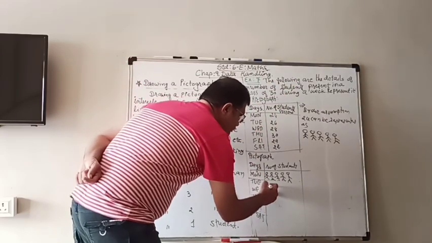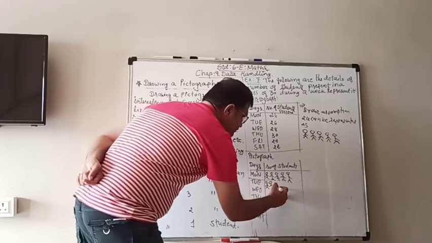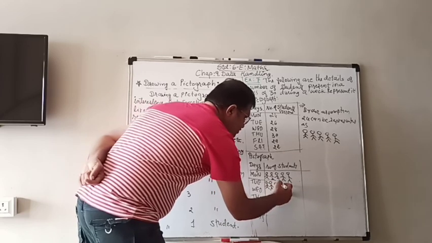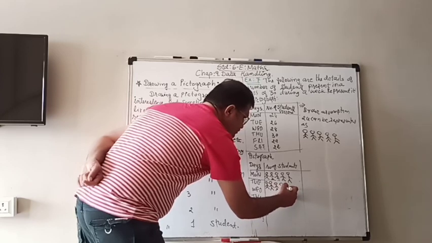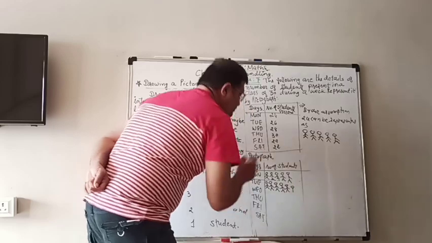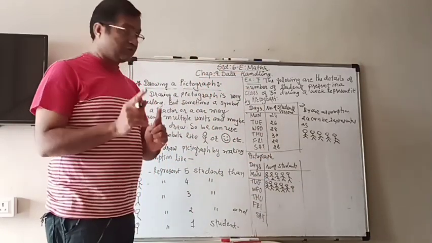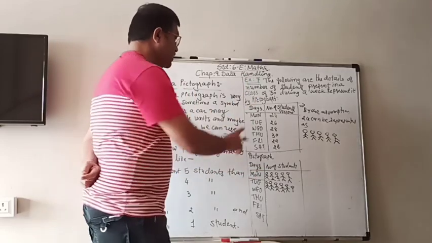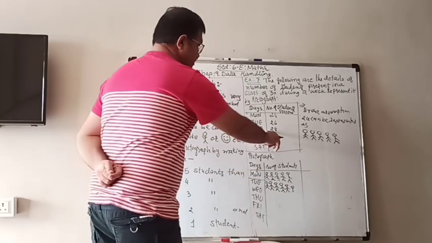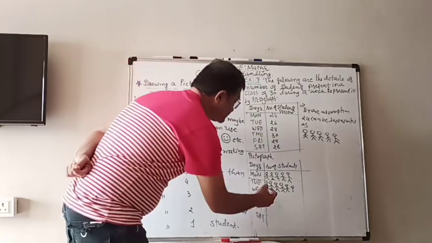So 5, 10, 15, 20, 25 and 1. 1 is only the body with the head, that represents 1. So 25 plus 1 represents 26. Now on Wednesday, 28. So we have to take 2 more.